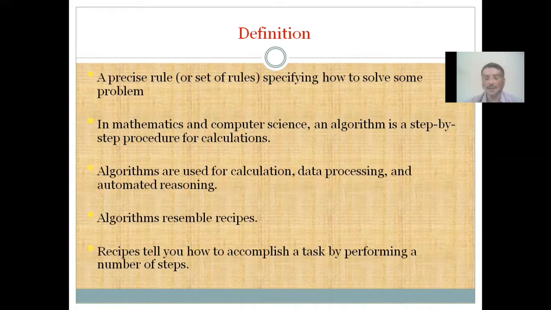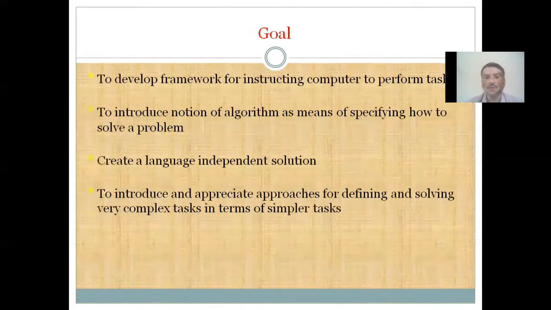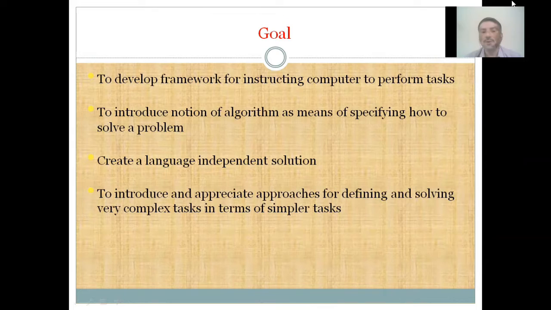So what is the actual goal of an algorithm? The main goal of an algorithm is to instruct the computer to perform certain tasks and create a framework for that. Since it comes before actually writing the instructions, it is a language-independent solution.